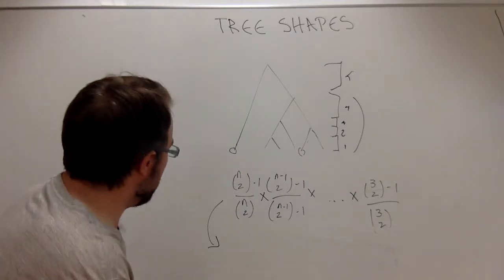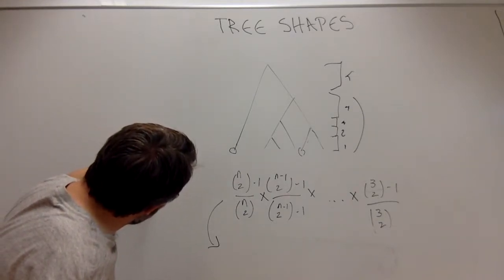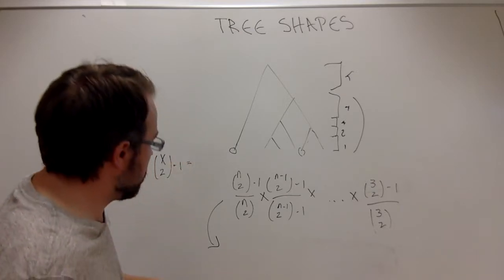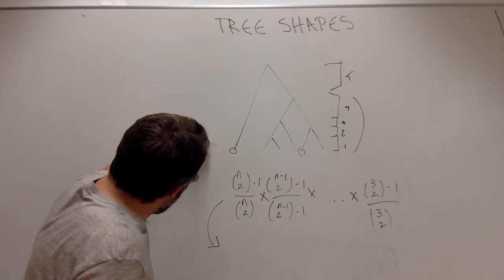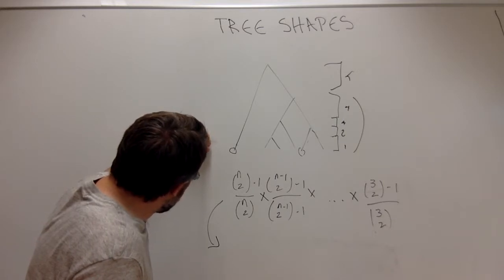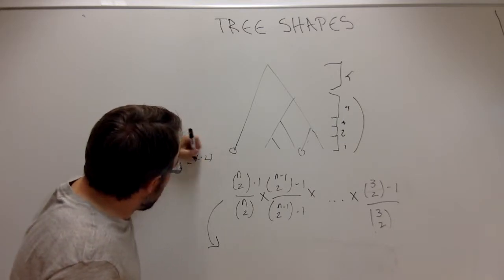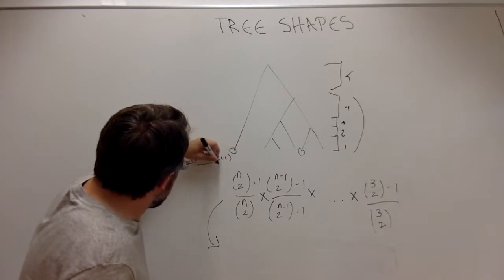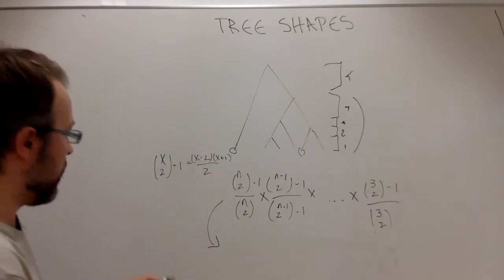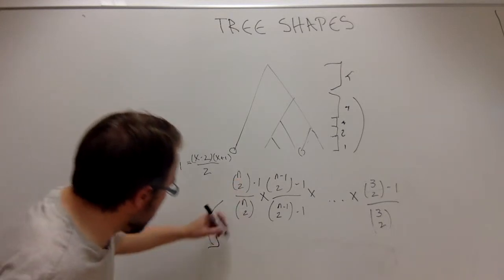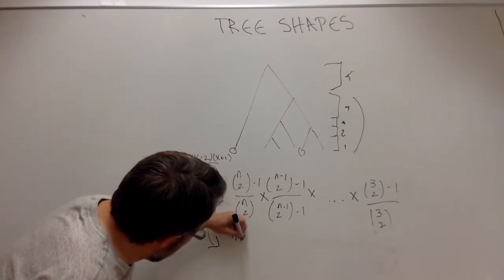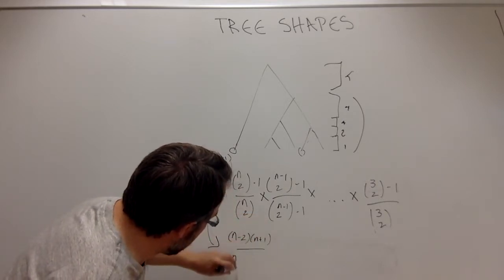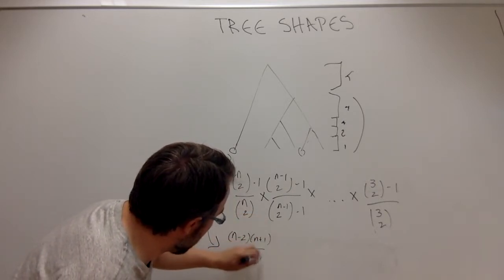So what we've just shown is that some number x choose 2 minus 1, divided by x choose 2, is equal to x minus 2 times x plus 1 over x times x minus 1. So we can do that for each of these numbers. Then we get n minus 2 times n plus 1 divided by n times n minus 1.